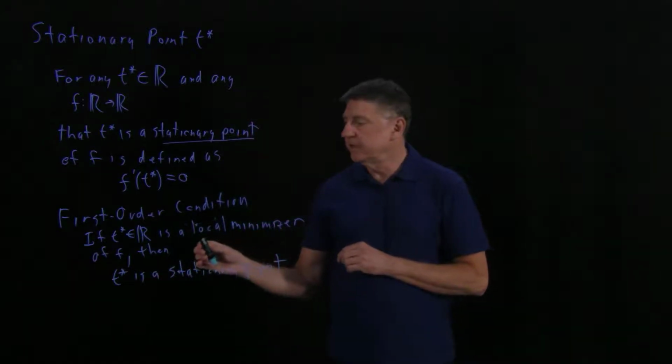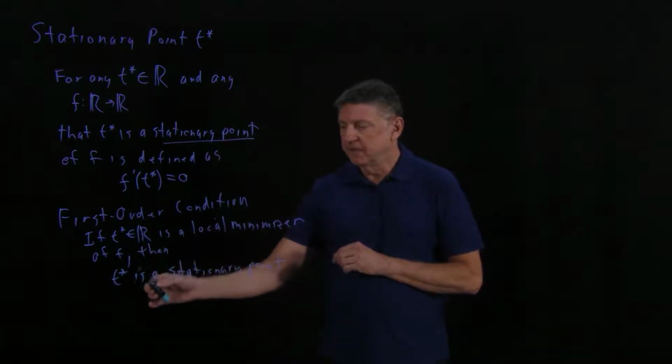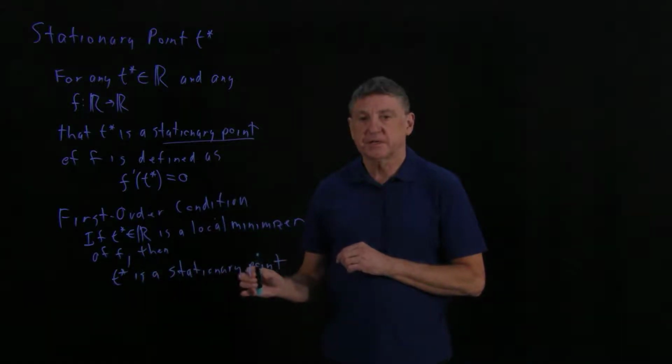This is a necessary condition. So if T star is a local minimizer, then T star is a stationary point.